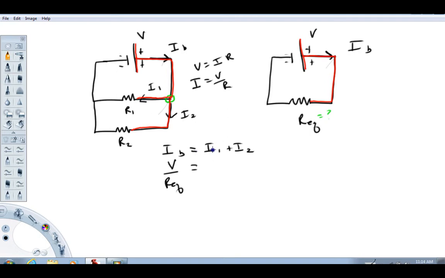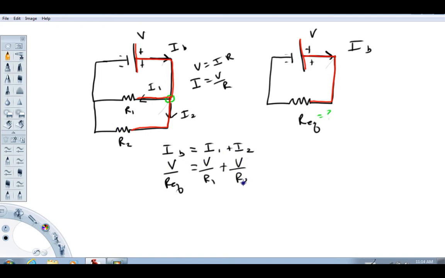For I1, I'm going to look at my picture and use the voltage across this, which is V, the same voltage, over R1. And I2 is going through this resistor right here, so I'm going to use the voltage across this resistor, which is, again, the same.